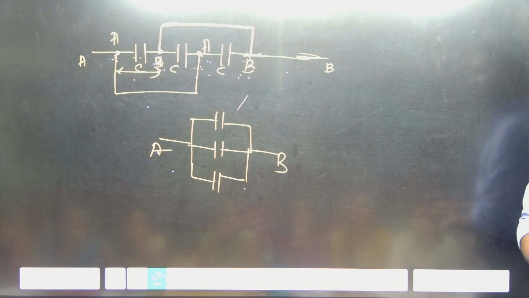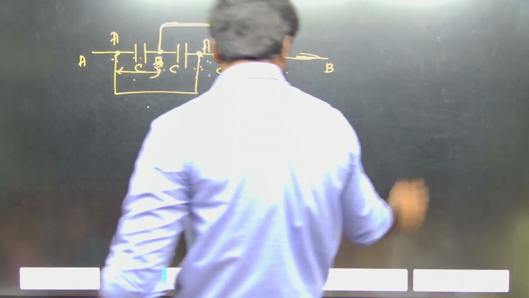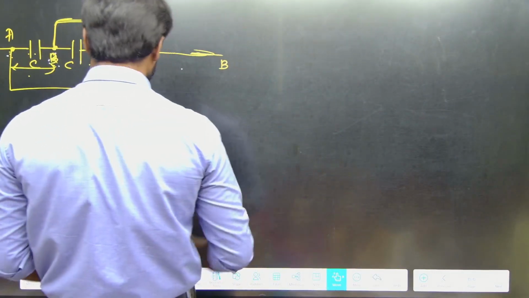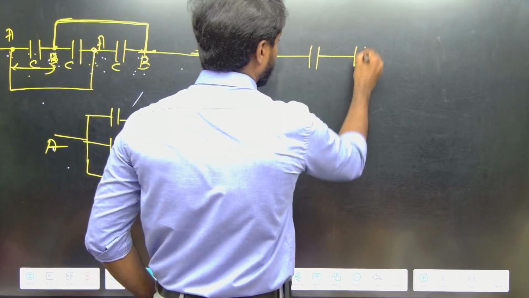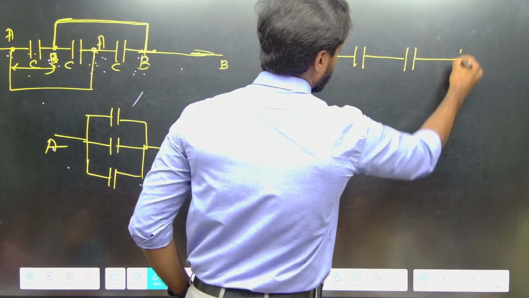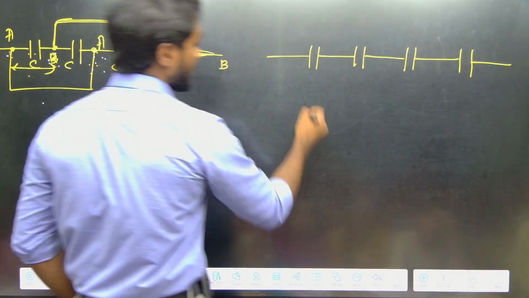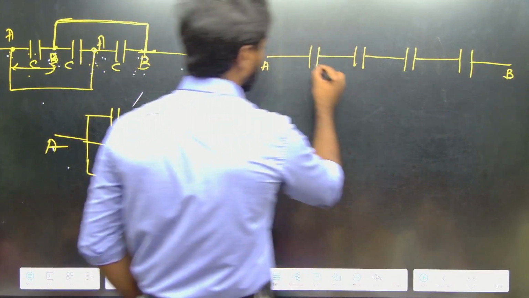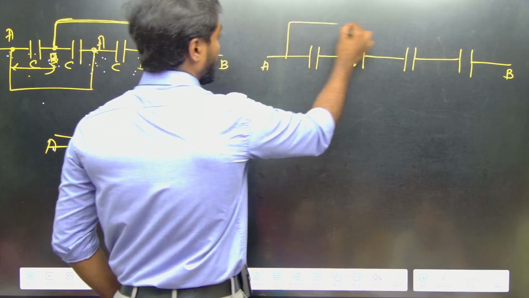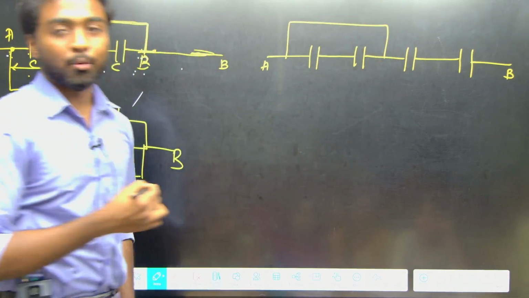Once again I'll explain. There are 4 capacitors. Listen carefully. From point A to the second capacitor we have connected a wire.